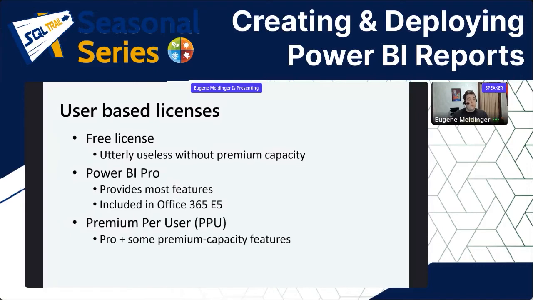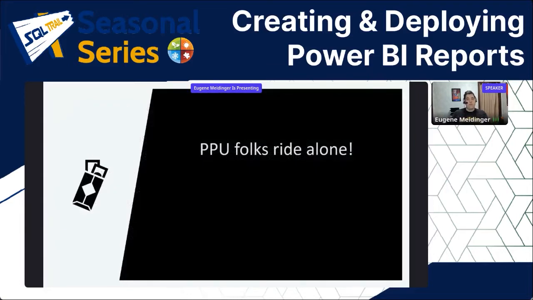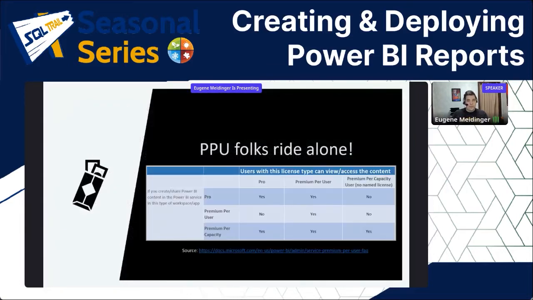Then you have Premium per user, which is fairly new, and it's Pro plus some premium capacity features. And Premium per user broke my analogy of the bus versus the bus pass, because it's like riding alone in first class. And specifically what I mean is that premium per users, or PPU users, I don't know, it's like ATM machine, right?